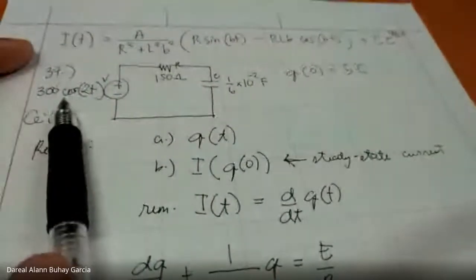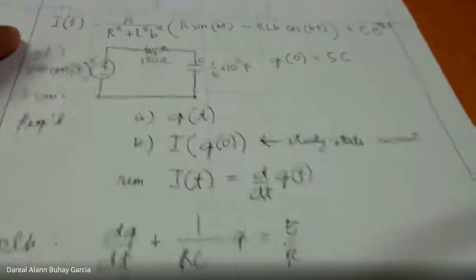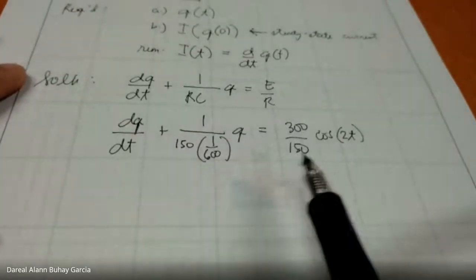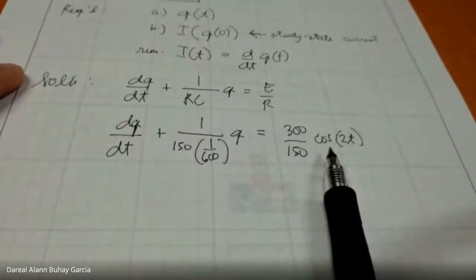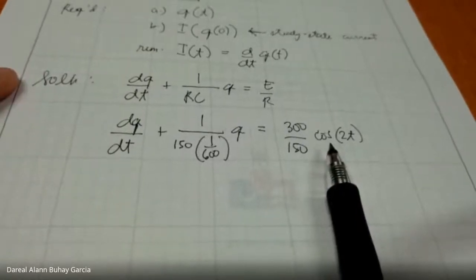E over R is 300 cosine 2t over 150, meaning 300 over 150 cosine 2t. Because our EMF is in terms of cosine, we expect the same type of solution as in our exercise number 8.